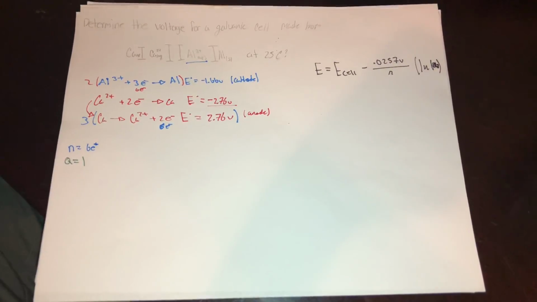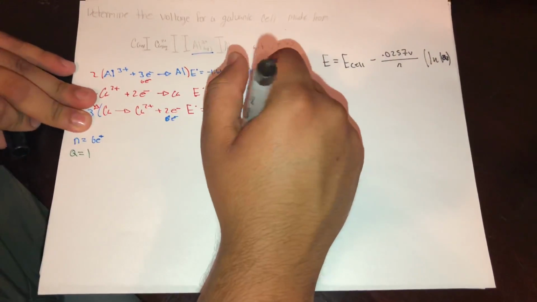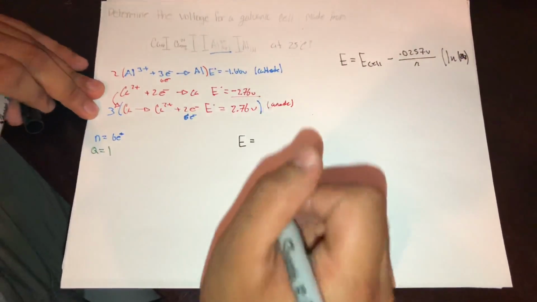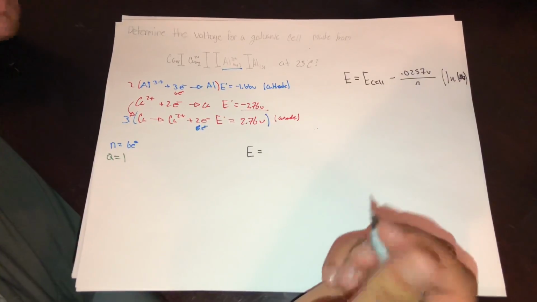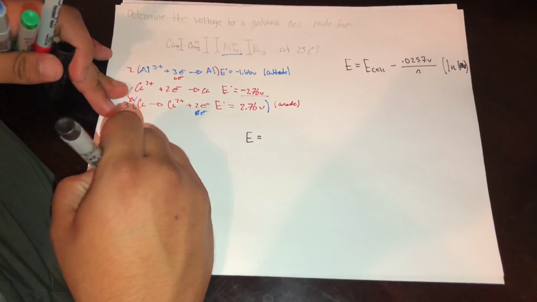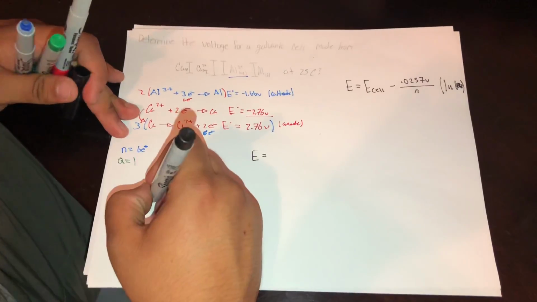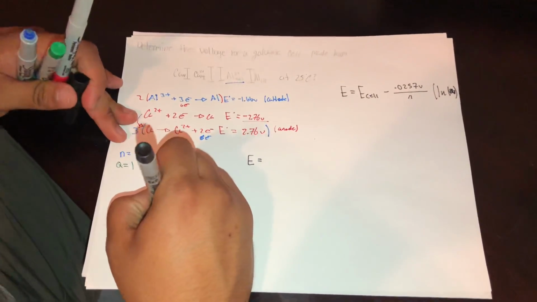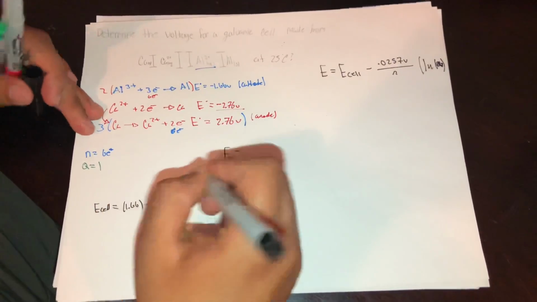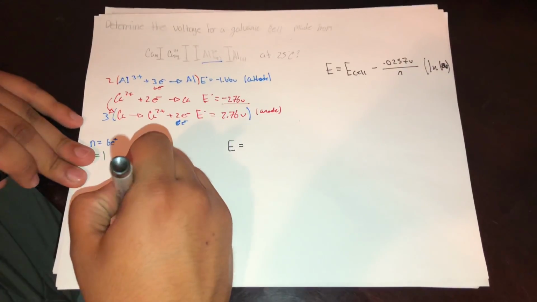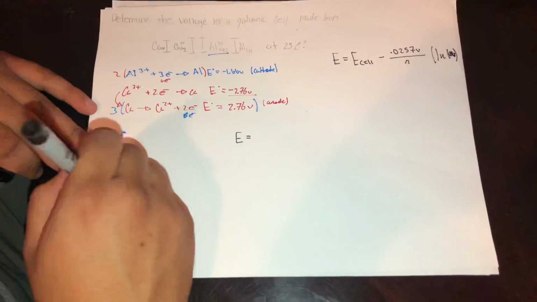After that, all you have to do is plug it into your formula. E equals your E cell, which is going to be your cathode minus your anode. So let's do it right here at the bottom. E cell equals your cathode, which is 1.66 minus, oh, it's negative, remember guys, it's negative 1.66. Let me continue.